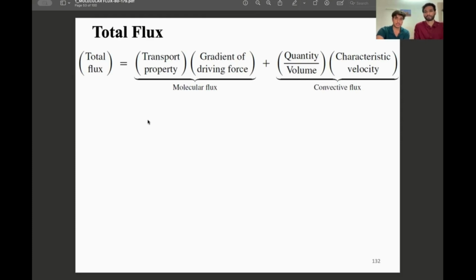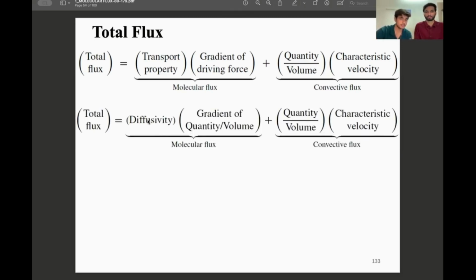And we have now seen that convective flux is quantity per unit volume into characteristic velocity. When we sum this up, we'll get our total flux. One other formula of molecular flux that we have seen, when we try to increase the similarity between all the laws, is diffusivity into gradient of quantity per unit volume. Exactly. So that's how we'll get our total flux.